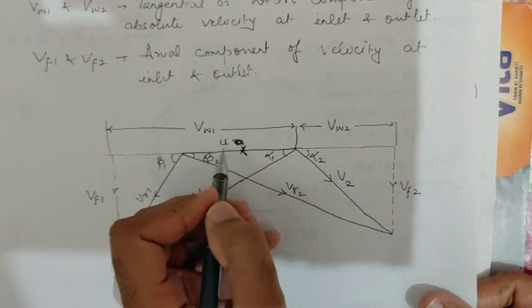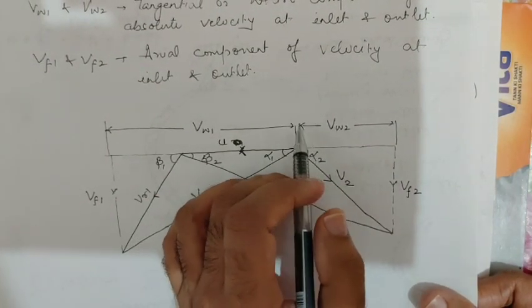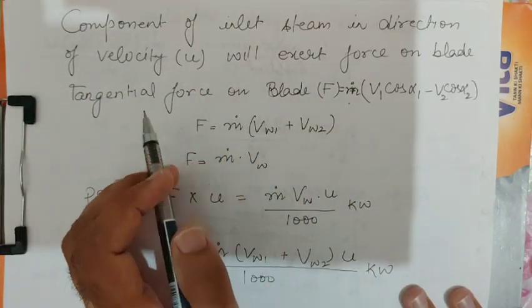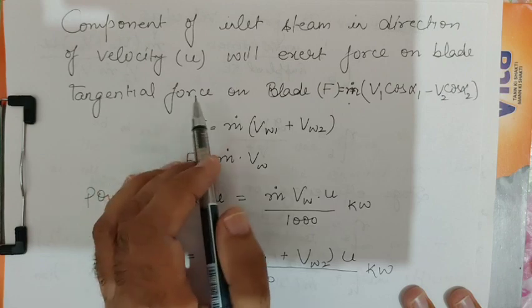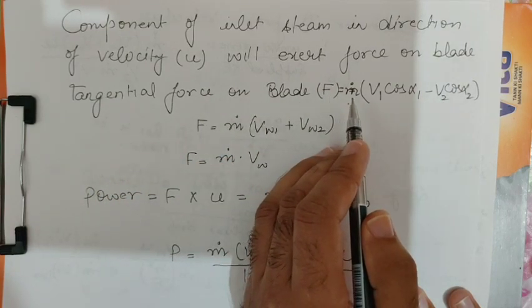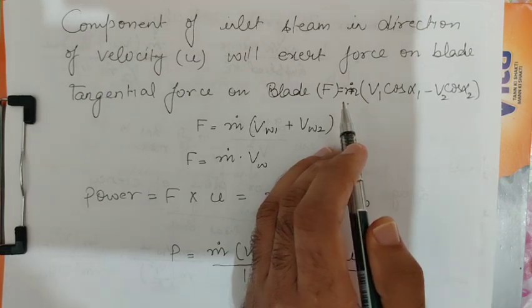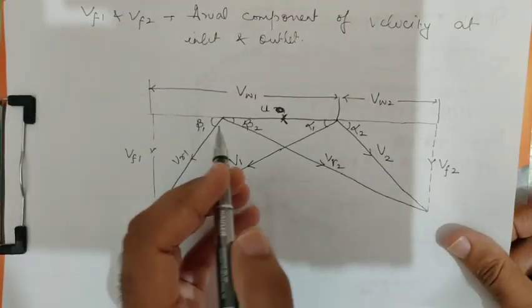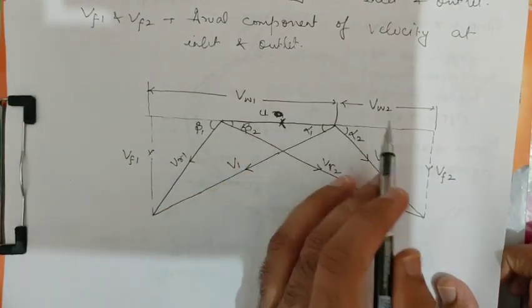The components, that is VW1 and VW2, will exert a force on the blade, that is the tangential force on blade, that will be given by F equals to m dot into the components of VW1 and VW2.